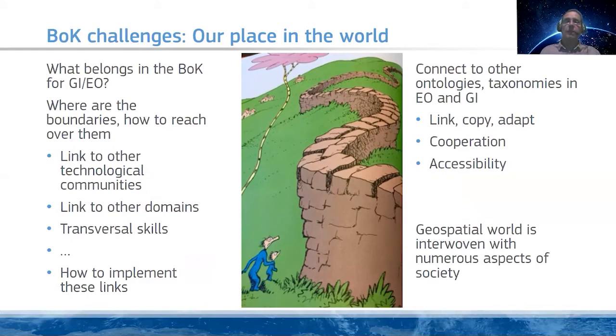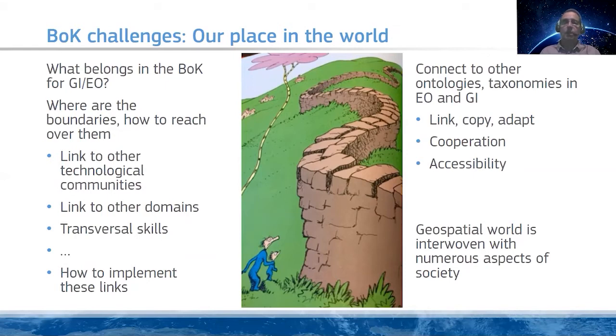We all know that the geospatial world links to different other domains, and that we use technology from other communities. So we use concepts and knowledge from outside our own domain. So how do we integrate this in the body of knowledge?